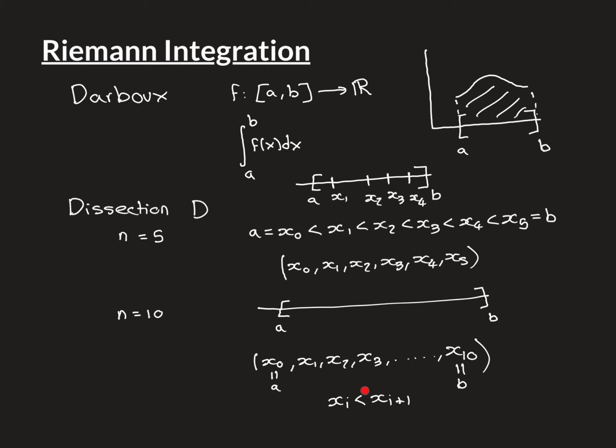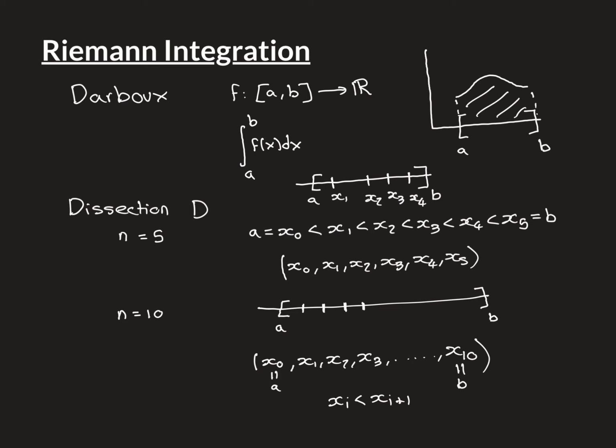As long as those criteria are met, that this is A, this is B, and all the terms in the middle satisfy this, so for all i running from 0 to 9, this needs to be true, then this will correctly be a dissection, and I can translate it into a picture over here.